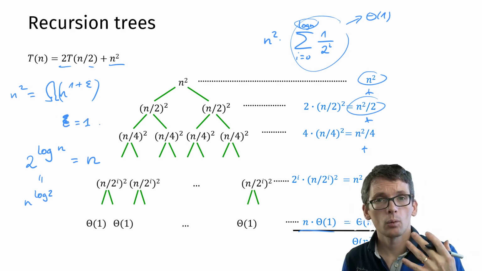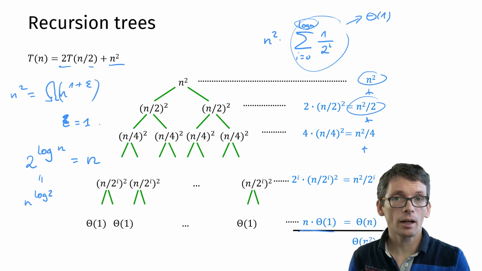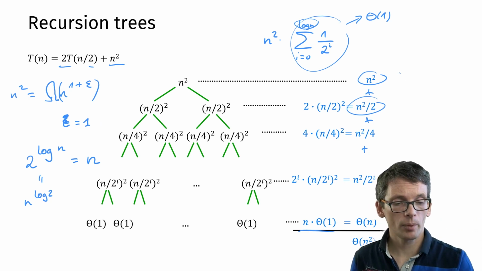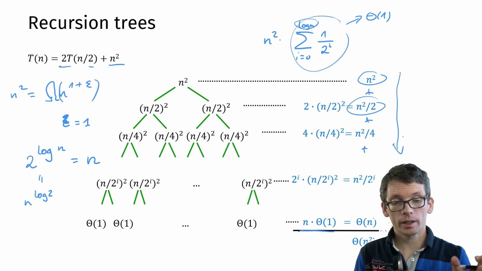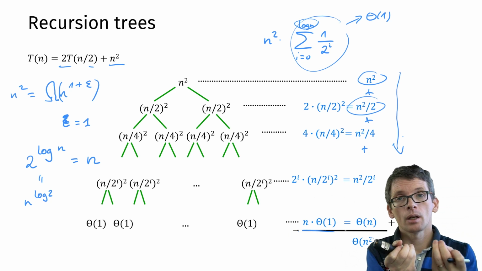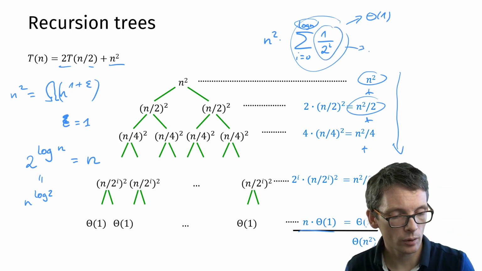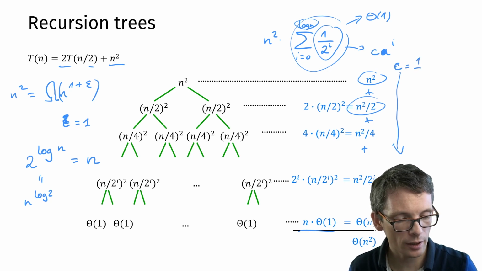In this case, what we get is that we can bound the contributions of the tree by a geometric series like we had it here, in such a way that we get f of n times a geometric series. A geometric series where the term inside has the form c to the i, where c in our case is 1/2.